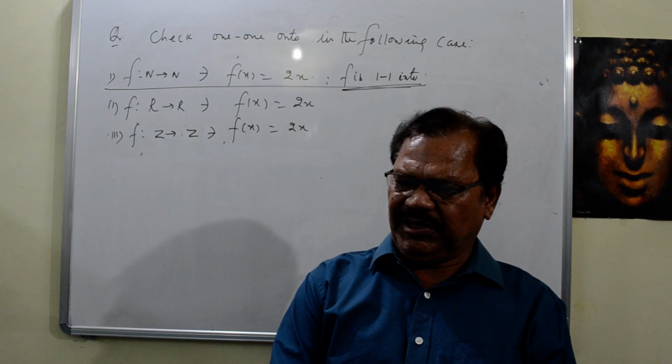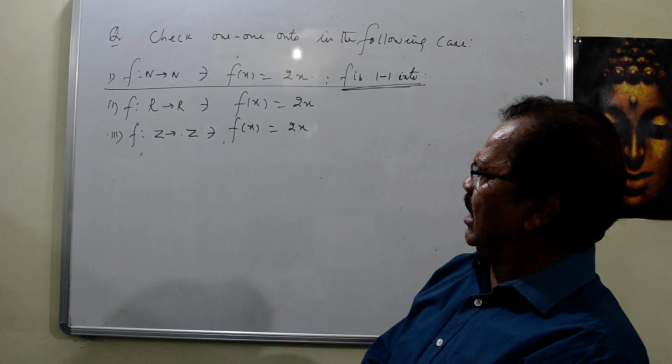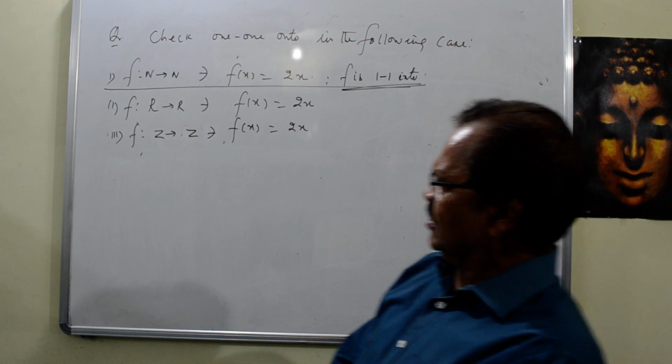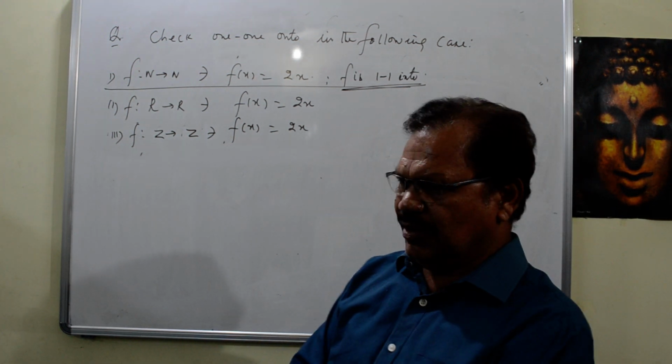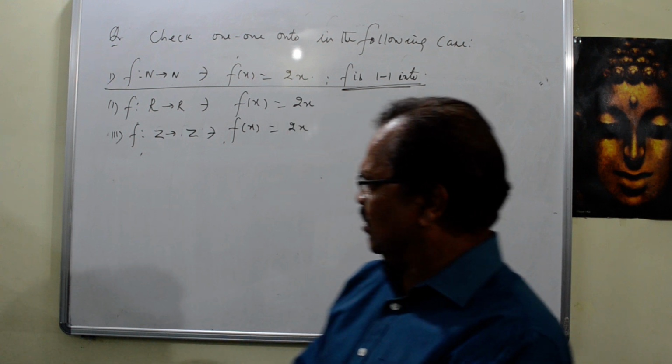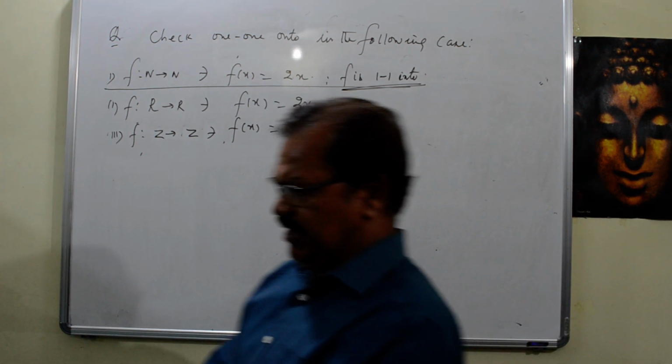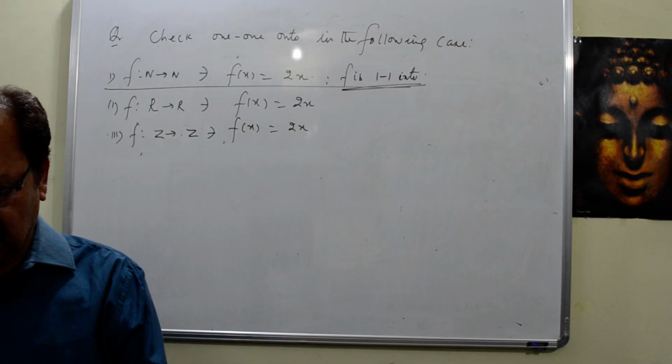Well, students, for better understanding, I have taken another example of the same nature, but the sets are different. Why is it so?